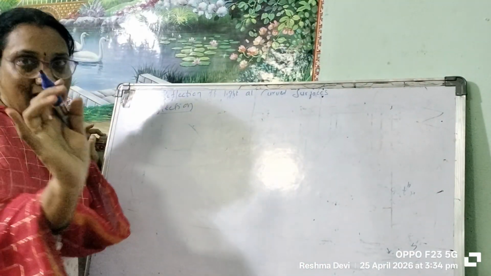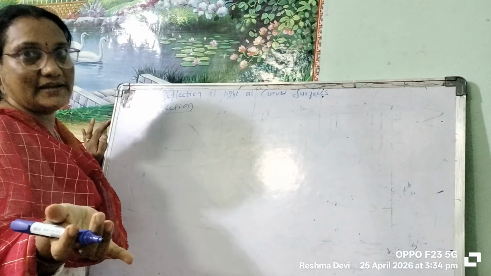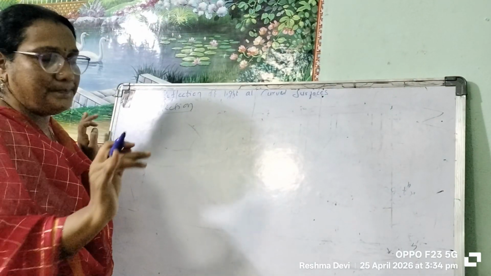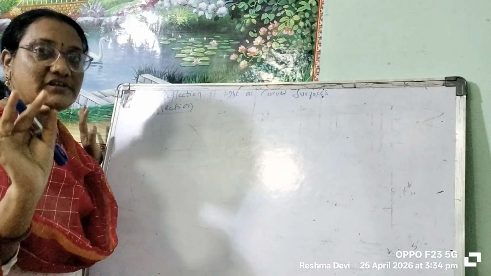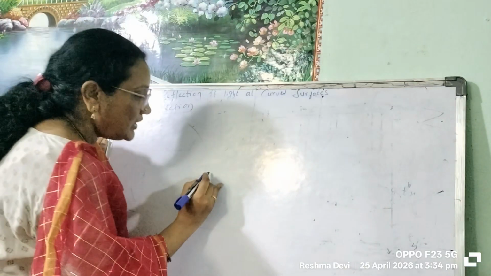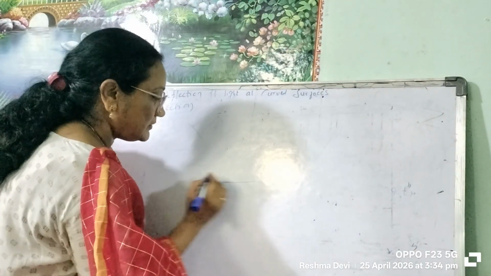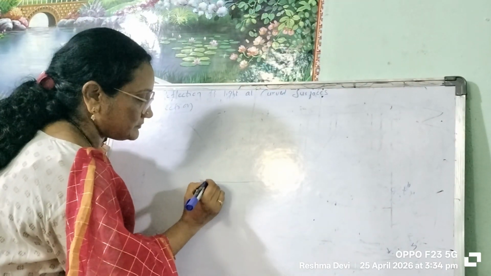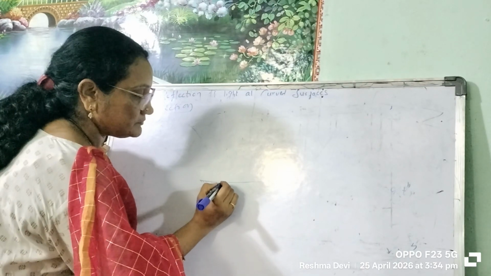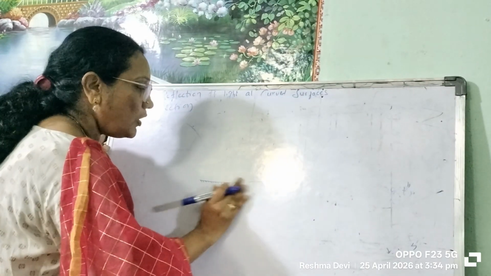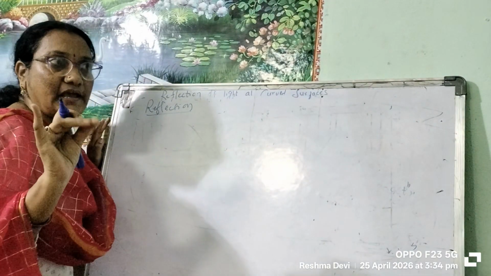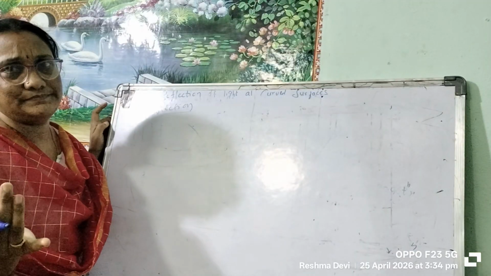Now, let us take the plane mirror. The best example for reflection is the plane mirror. Or let us take a glass slab.